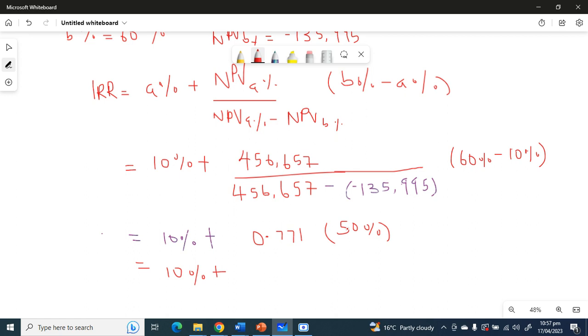Let me confirm. Colleagues, are we also getting that? Yes, 38.55. That's why I was really skeptical about that value.